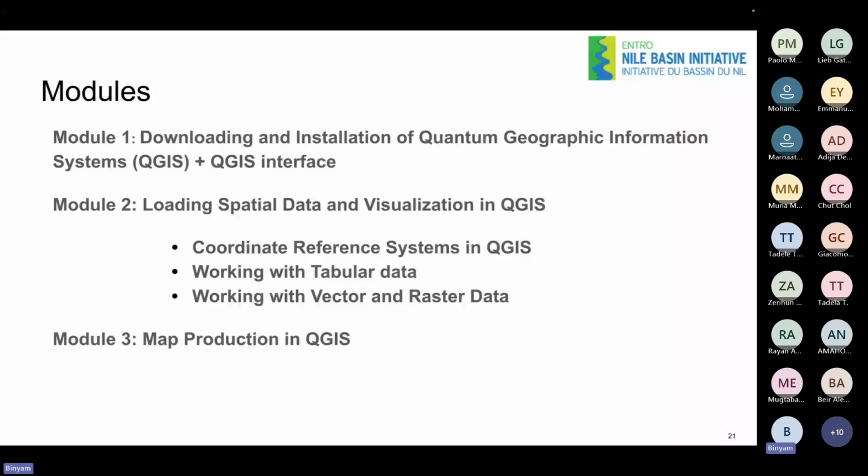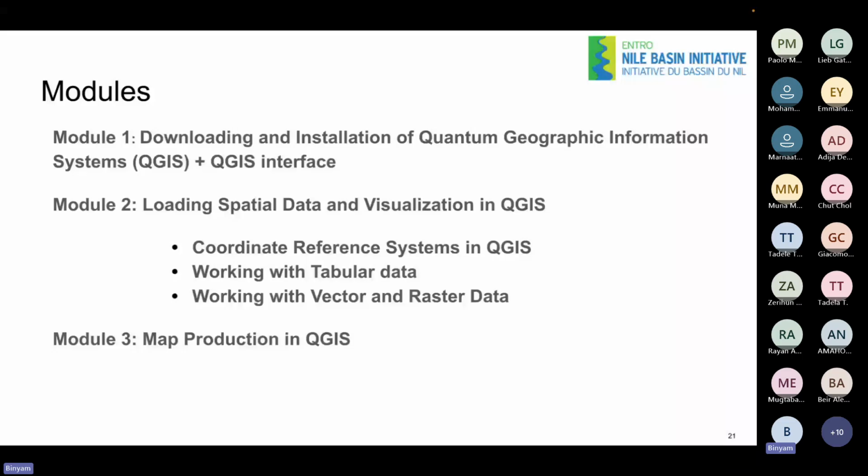Like looking at the metadata of the spatial or attribute data, the coordinate reference system, and even working with vector and raster data. That is module 2, which takes longer, not only today but also tomorrow morning.